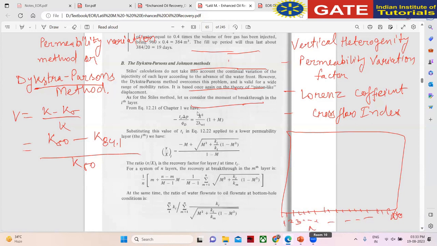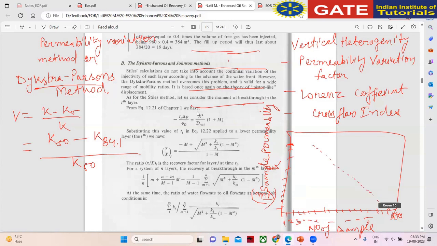On the y-axis is the sample permeability K, in millidarcy.